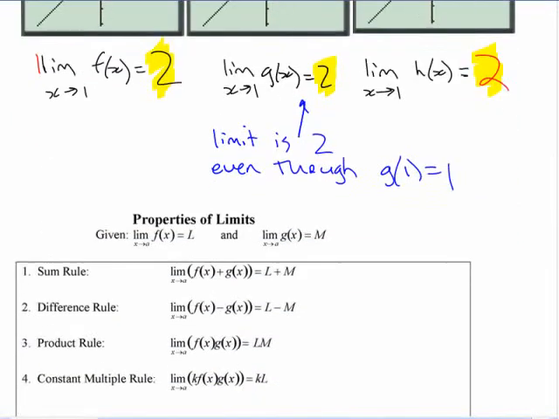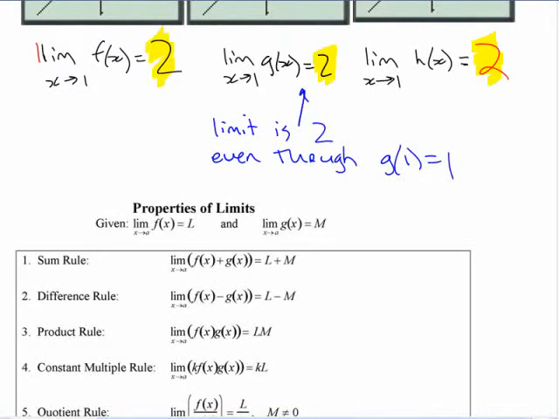Now here's a bunch of complicated stuff down below for you to look at. It's pretty simple stuff. If you have two functions added together and you want to know the limit of the sum, and you know their individual limits, if one function has a limit of L, some number, and the other has a limit of M, if you combine those two functions together, you can add their limits.